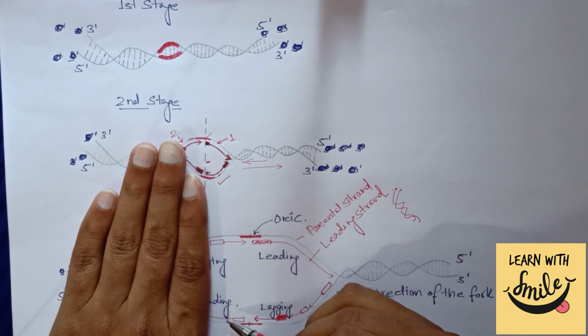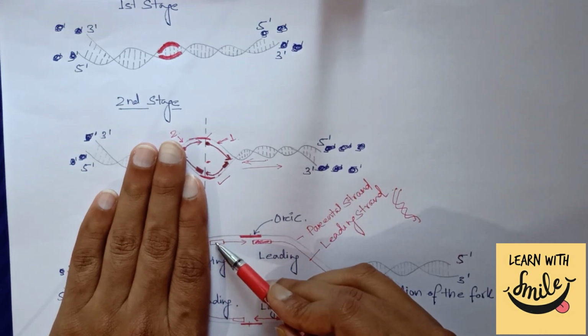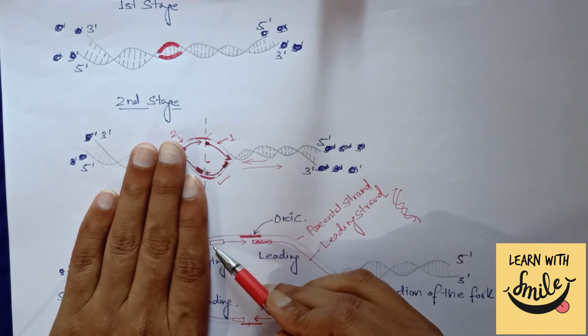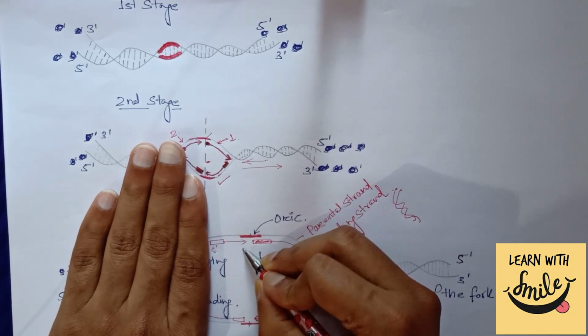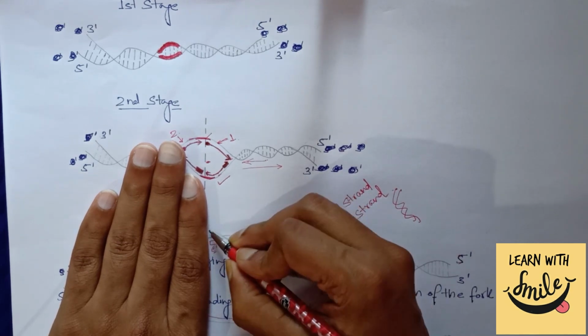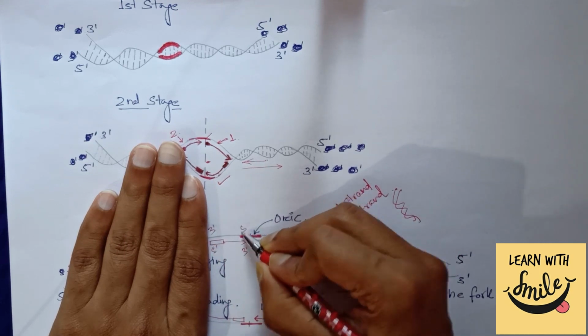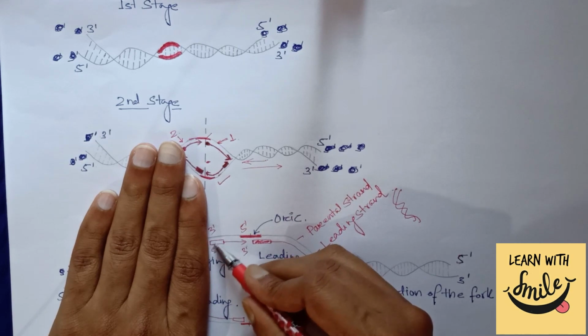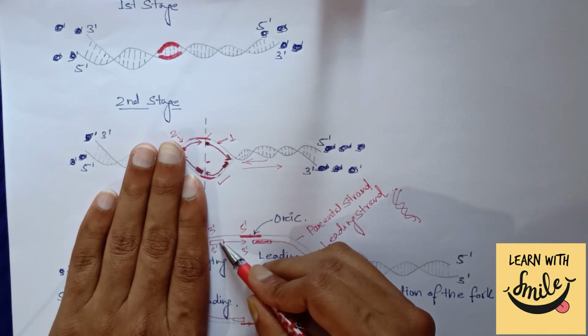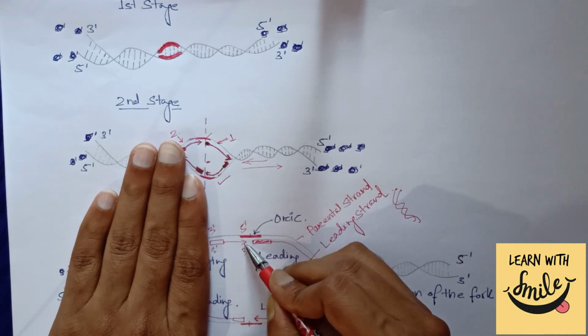Now since it's opened up to this much, we know that on this particular side the replication process will begin from this direction to this direction, as this direction demarcates the 5' direction, and this the 3' direction, as the parental strand is from 3' direction to 5' direction. So towards the 5' direction there would be a formation of a primer. This primer would provide the DNA polymerase with a 3' OH from which the DNA polymerase can initiate.